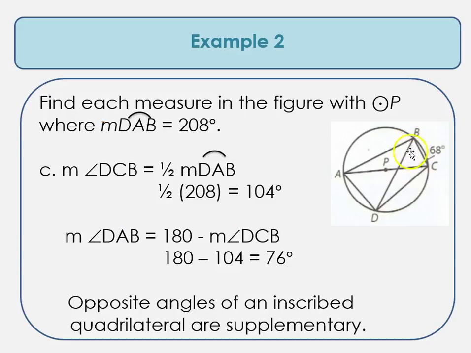And we want the measure of DAB, which will be 180 minus DCB, so 180 minus 104 equals 76 degrees. Now, opposite angles of an inscribed quadrilateral are supplementary. So this is where you can use that in your drawing, and it would benefit you to draw this and add all the arc measures in there so you can see it clearly.